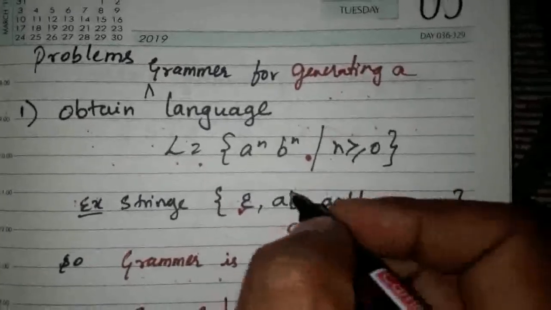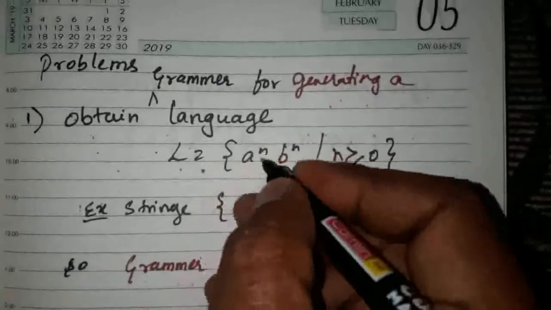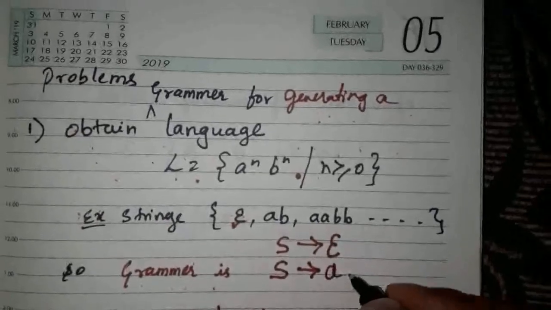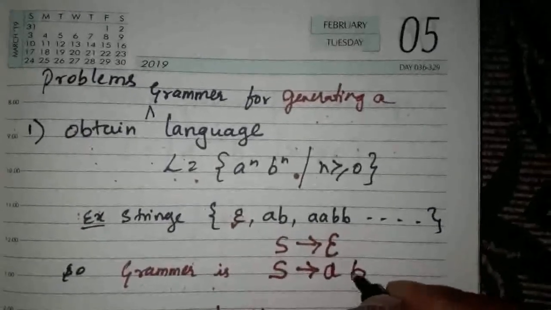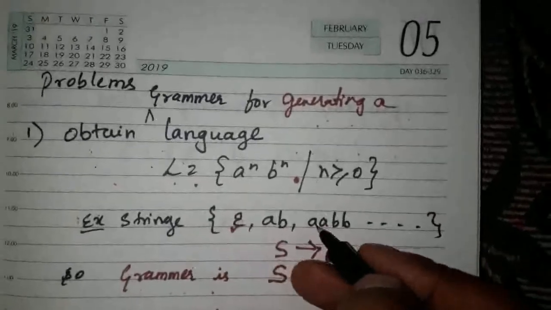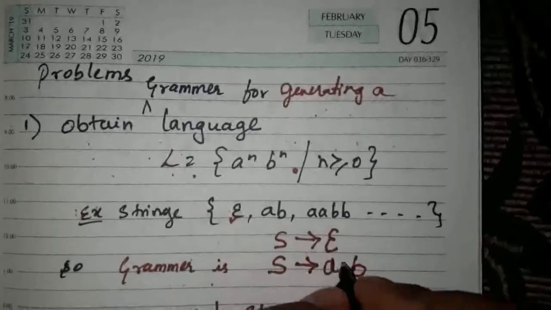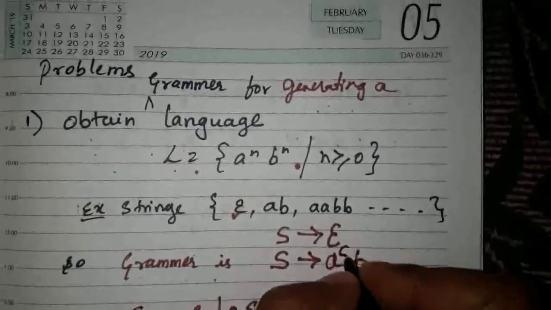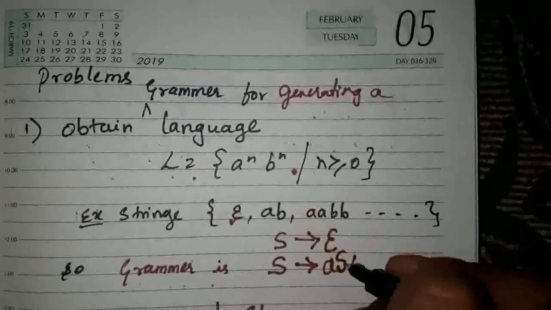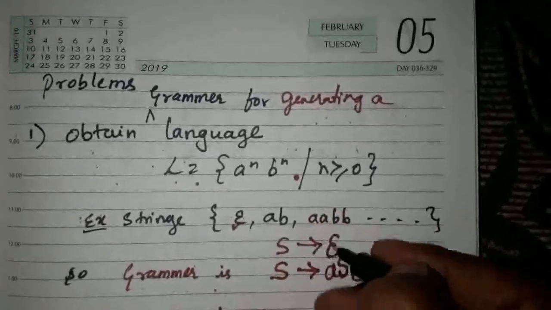S tends to, look here, starting with A and ending with B. That means I have A and I have B. This is the second one. Now if I want to get 2 A's and 2 B's, I cannot add one more production here. Instead of that, in between I'll add S here. That means if you want to stop with AB only, you take the value of S as epsilon.